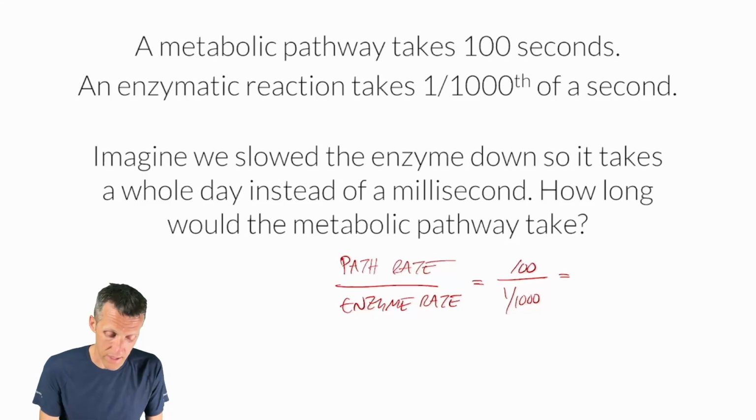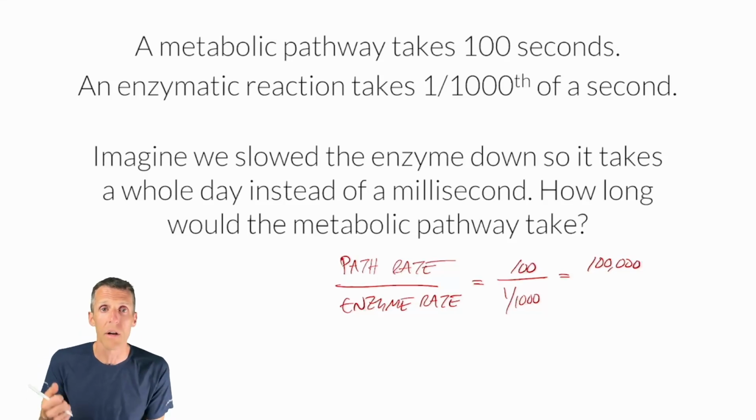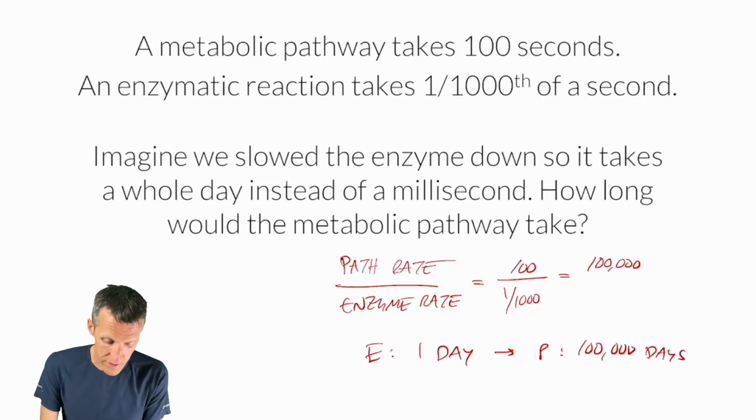And that ratio is then going to be 100,000. So it's 100,000 times slower to do the pathway versus the reaction. What that means is if the enzyme is now 1 day, the path is now 100,000 days, which if you turn it into years is 273 years.